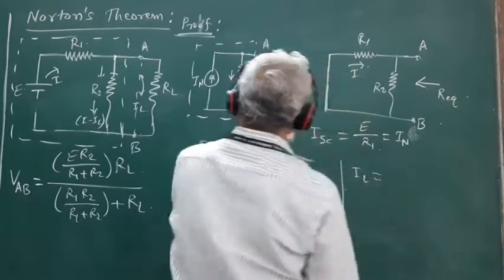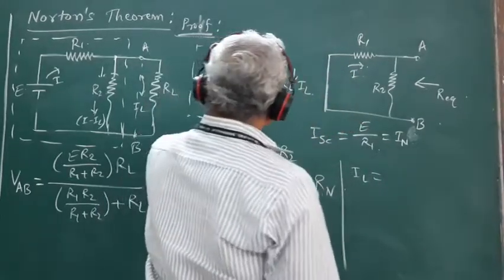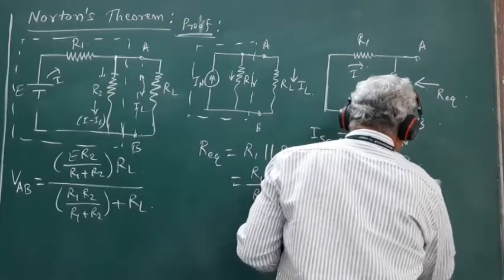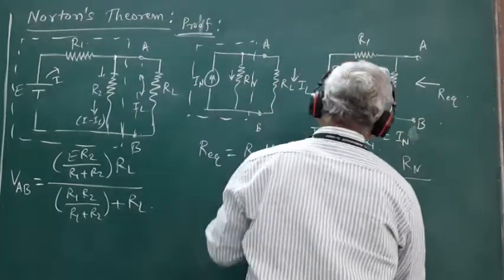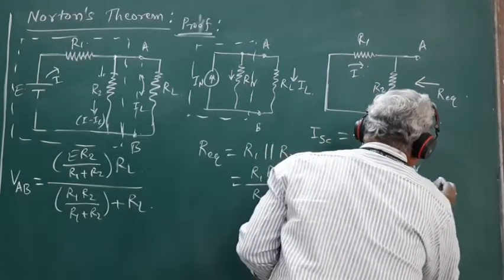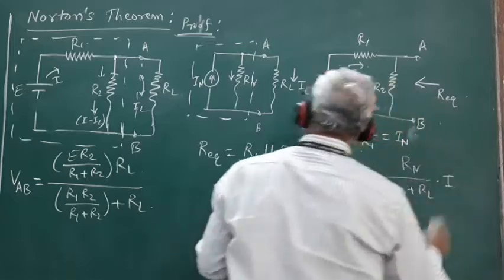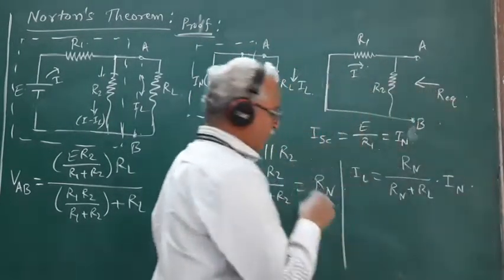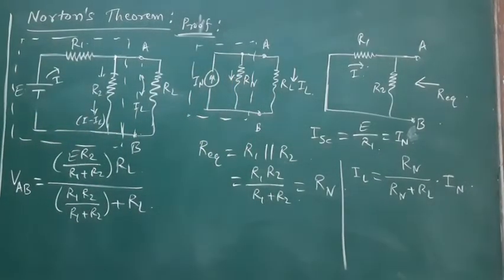IL is equal to RN upon RN plus R into IN, the total current in the circuit.